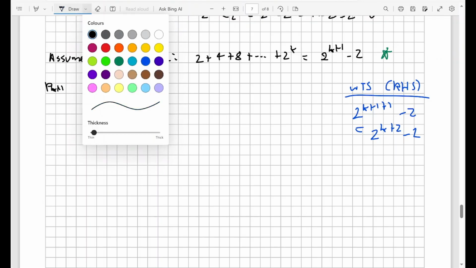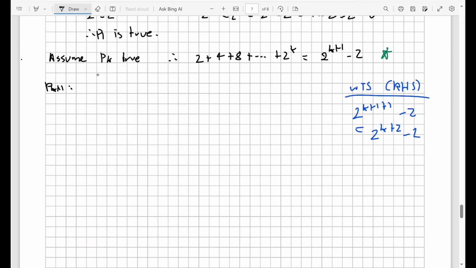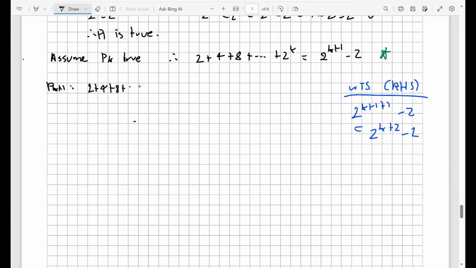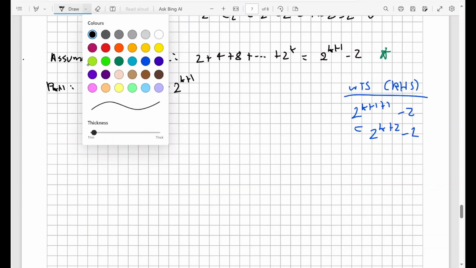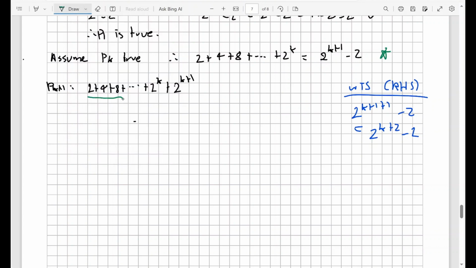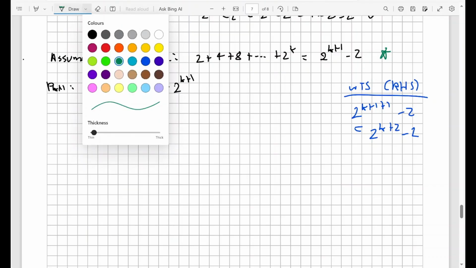All right, so Pk plus 1. So we're dealing with 2 plus 4 plus 8 plus 2 to the k plus 2 to the k plus 1. Now, all of this thing here is 2 to the k plus 1, take 2.